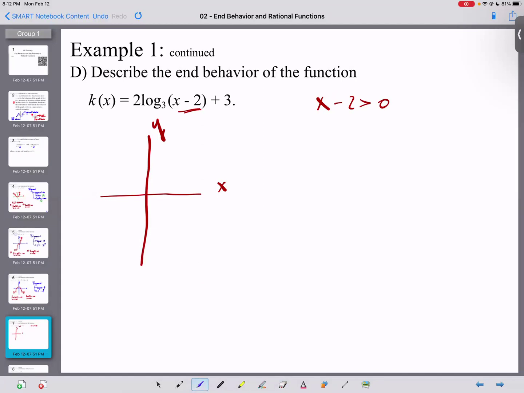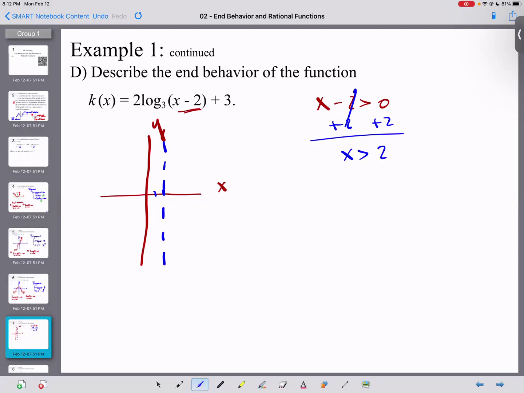What is the opposite of subtracting by 2? Adding 2. That's right. And so x is going to be greater than 2. That means on the graph, this graph will not go to any x value that's less than or equal to 2.